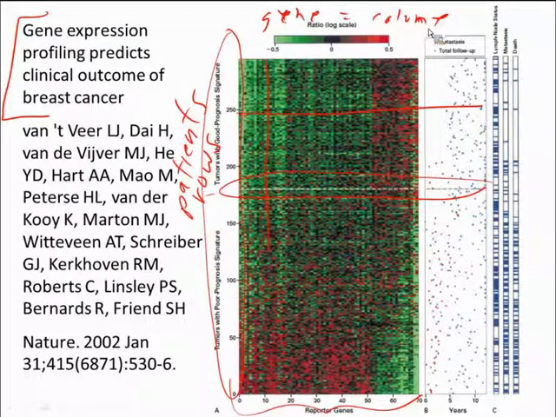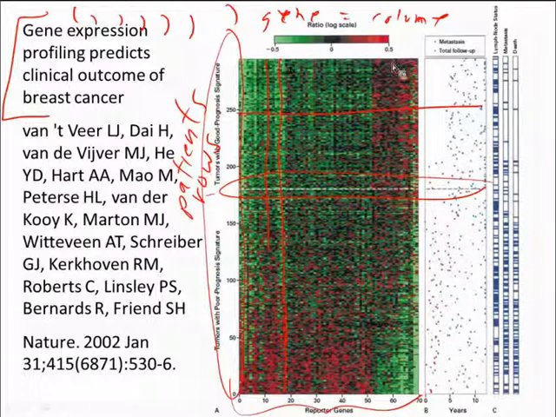If I look down a column, I can see whether it is upregulated, so more patient, or downregulated, depending upon the patient. And so we get a vector for each patient, depending upon whether each gene was upregulated or downregulated. You can see that it's color-coded from minus 0.5 to 0.5.